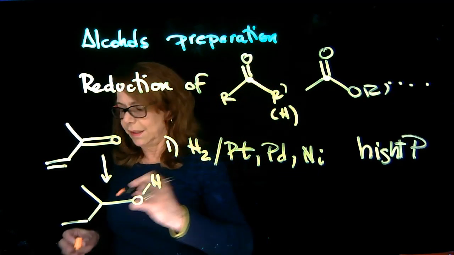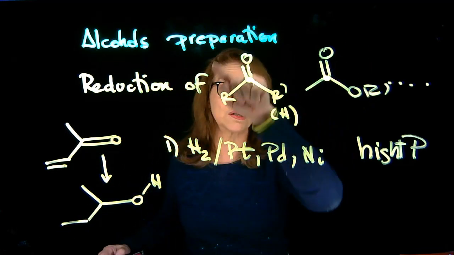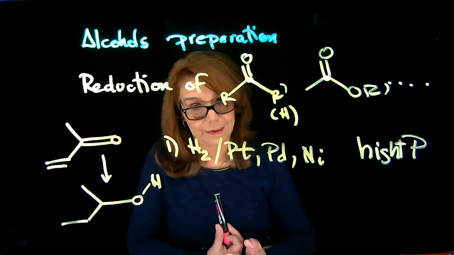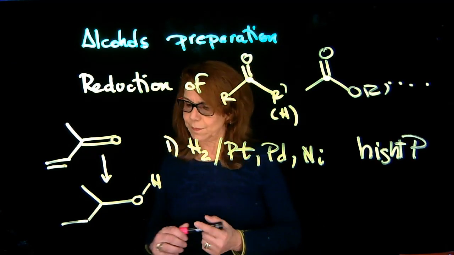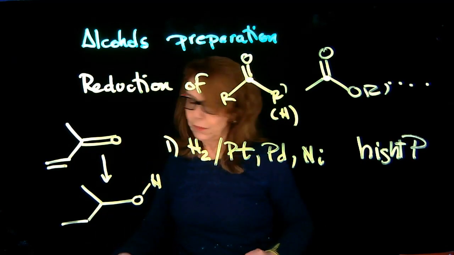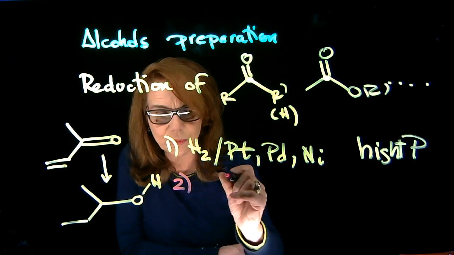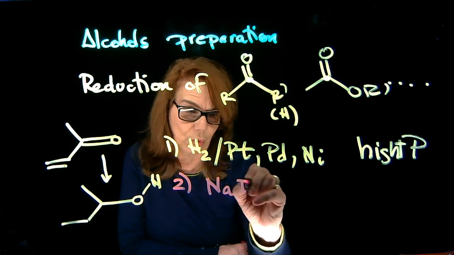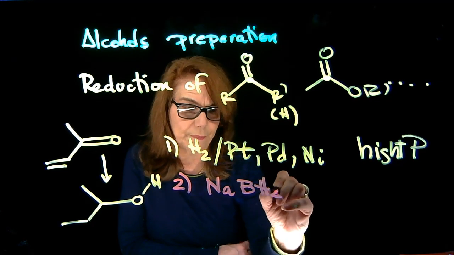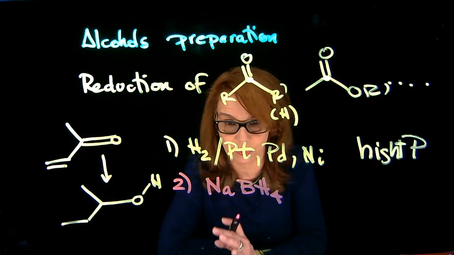And then there are other methods that are more selective towards carbonyl compounds. That is, they will not reduce alkenes or alkynes. And for that, we have hydrides. First, one reagent is sodium borohydride. What is interesting about this reagent is that it's not so reactive.